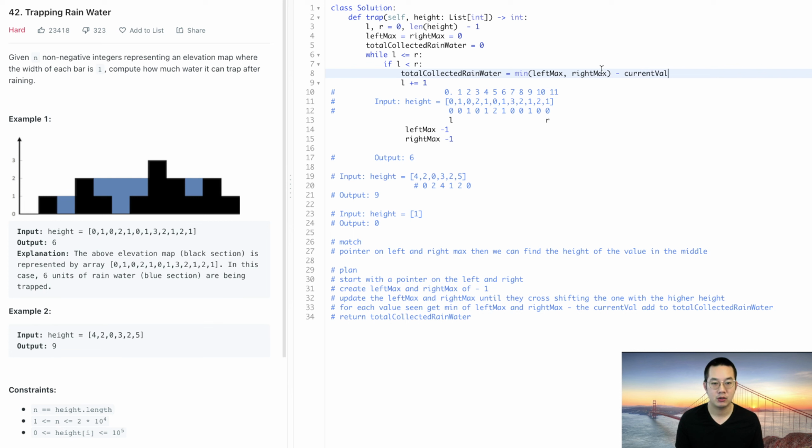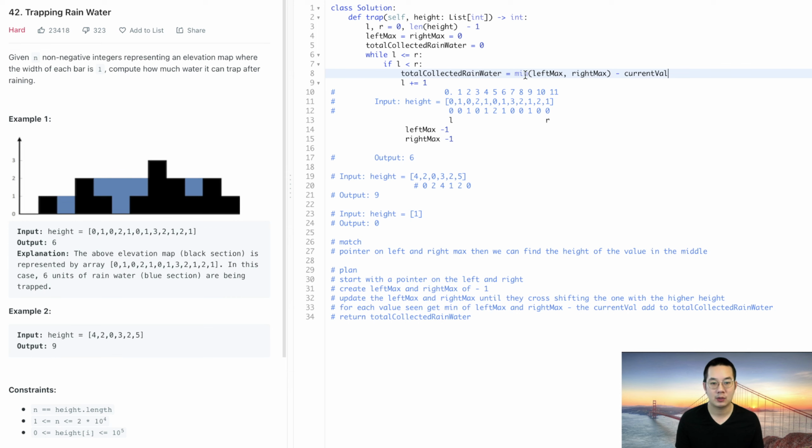Yeah, so 0 minus 0. We're not going to get anything lower than 0, so that's not going to affect our total collected rainwater. If it was going to be lower than 0, then we would have to take a min between this item and 0, but that's not the case. Then we do L plus equals 1.